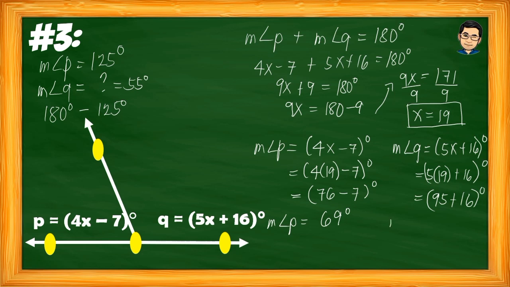So, the measure of angle Q now is 111 degrees. So, 69 degrees plus 111 degrees is equal to 180 degrees. So, ibig sabihin, ito pong ating given, tama po yan. It's because pinag-add natin yung dalawang sukat, 180 degrees ang lumitaw.